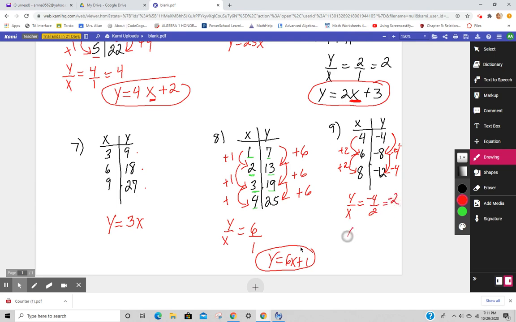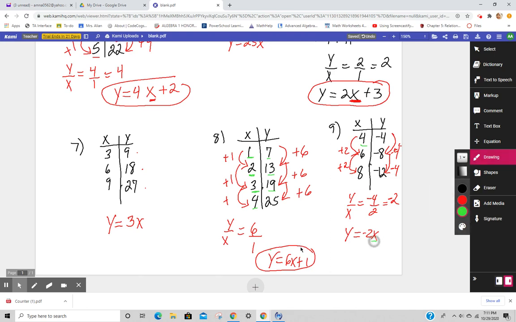Okay, so now we can start with this equation: y equals negative 2x. But this is not proportional, so I've got to add or subtract something. Let's replace x with 4.